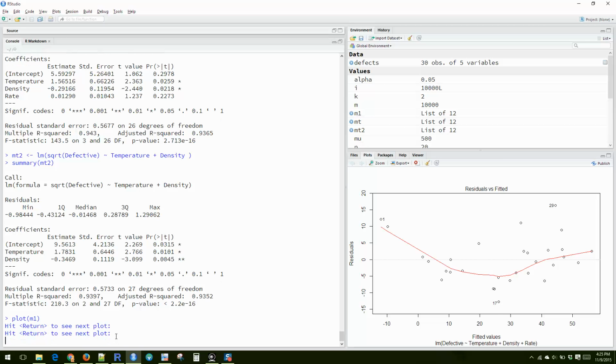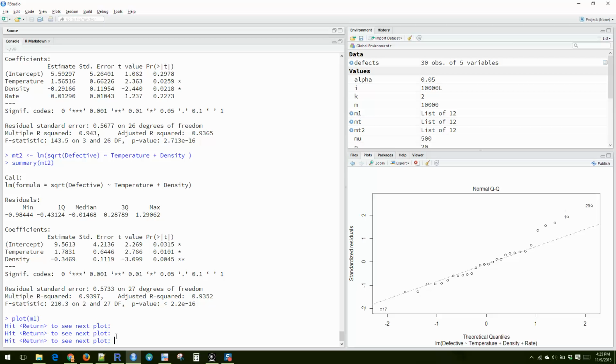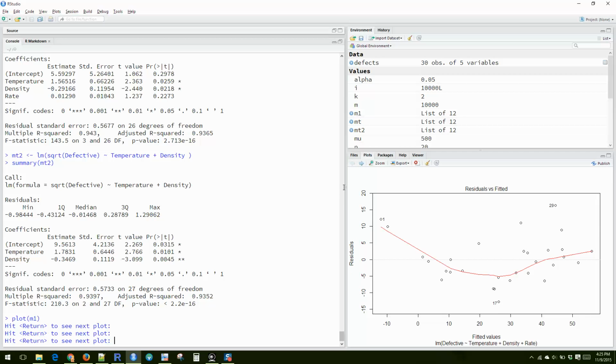Question? Yes. When you're looking at the residuals versus fitted value plot, I know that we generally don't want to see a pattern, right? Yes, no pattern. What can I tell from this plot? Well, it tries to fit this red lowess line, and here we see a little bit of a U, and that says maybe there's a pattern here.